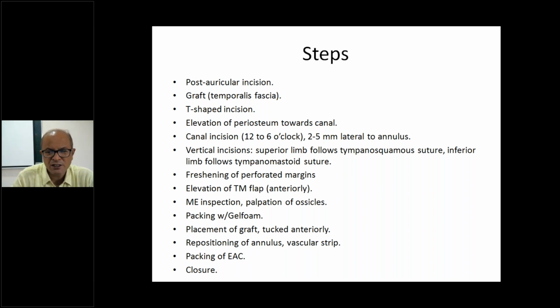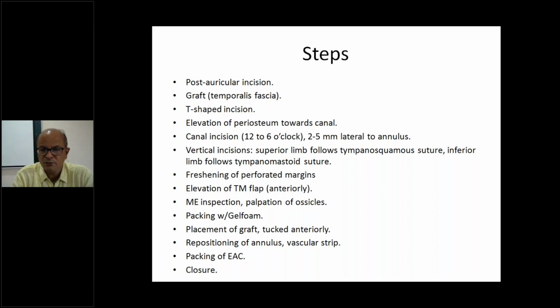So that's why you do the freshening first, and you remove a very thin rim of tympanic membrane all around the edges of the perforation, and then you do the freshening of the under surface. Sometimes a few squamous epithelial debris go medial to the perforation.